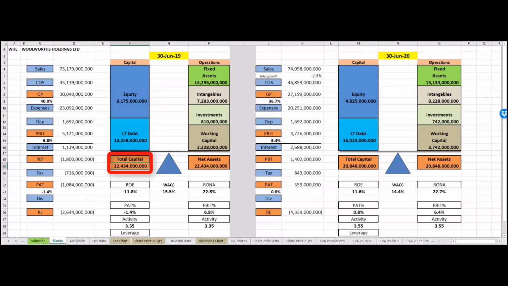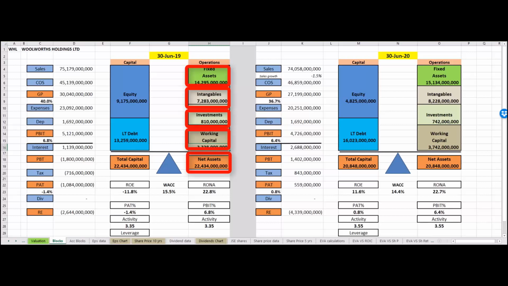Of course, what's in capital must appear in net assets for our balance sheet to balance, and the net assets are made up of fixed assets, nearly 14 billion, 7.2 billion in intangibles, 800,000 in investments and loans, and 2.2 billion in working capital. That's a large working capital number because of course Woolworths has lots of stock on the shelf.